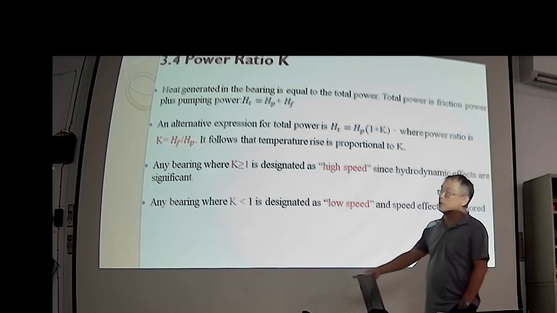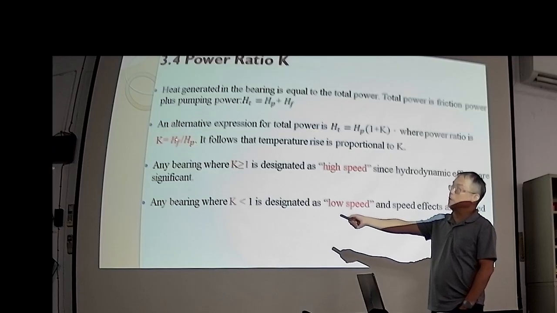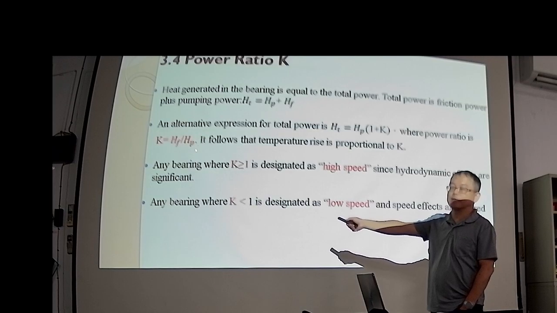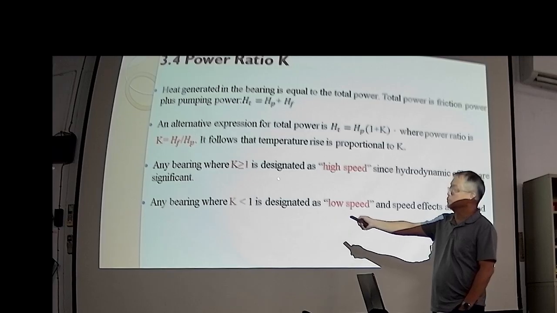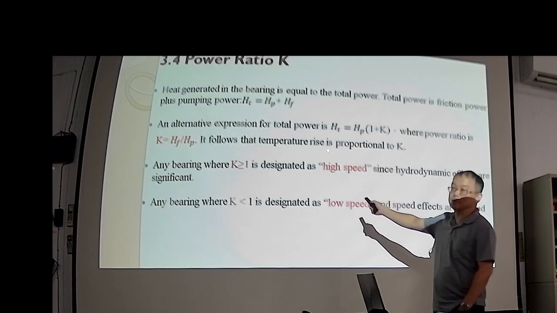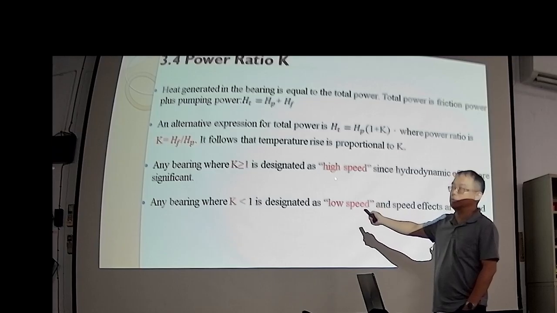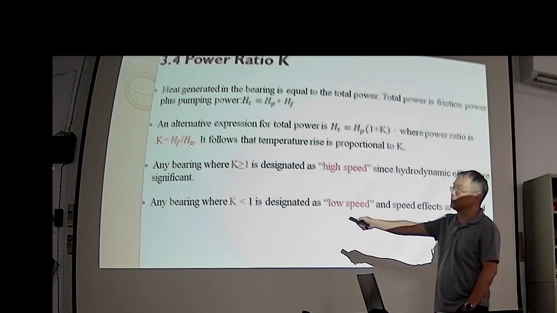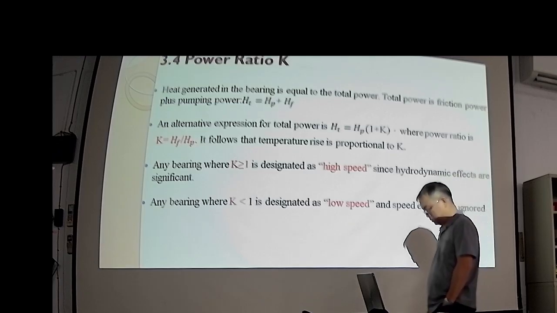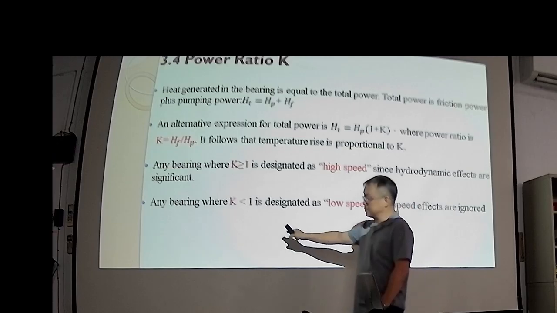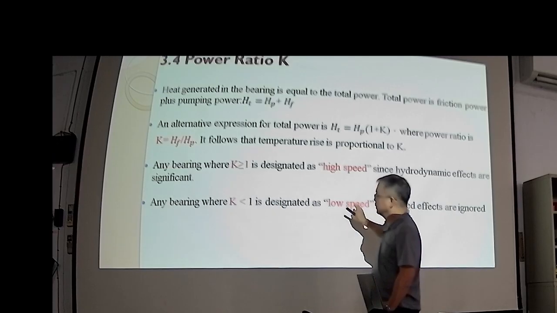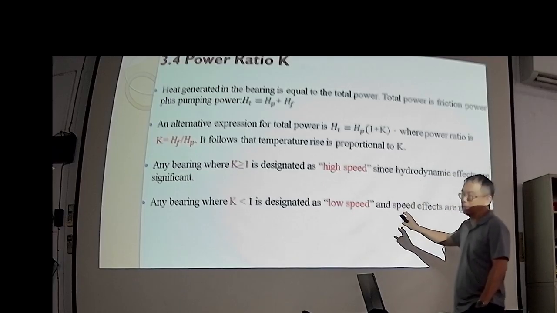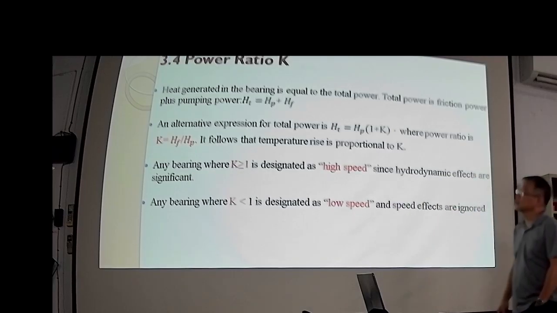If the friction power is greater than the pumping power, this bearing is a high speed bearing. If the friction power is smaller than the pumping power, K is smaller than 1, and it is a low speed hydrostatic bearing.